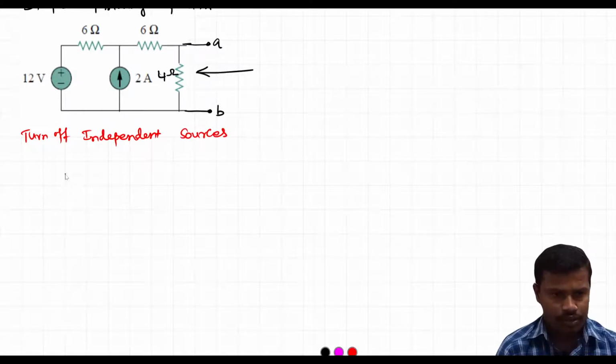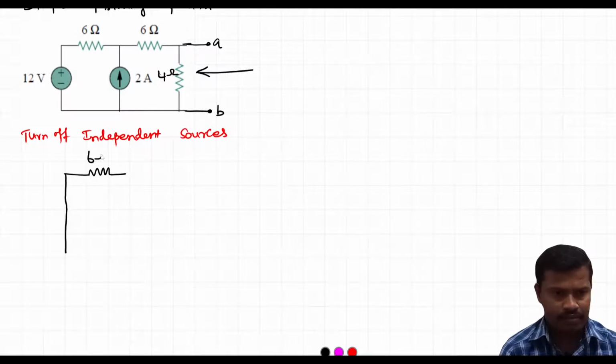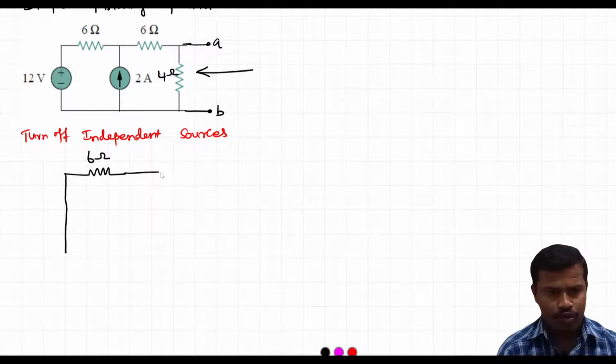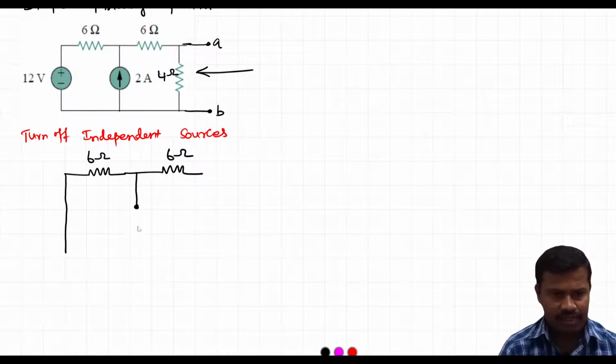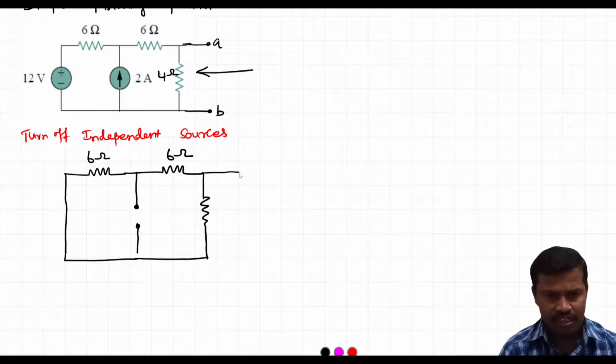The 12 volt source gets short circuited, and a 6 ohm resistor is available. Then one more 6 ohm resistor is available in series with the existing resistor, and here the current source is available. We need to open circuit the current source. Then one 4 ohm resistor is available after the 6 ohm resistor, and we have connected it as it is.